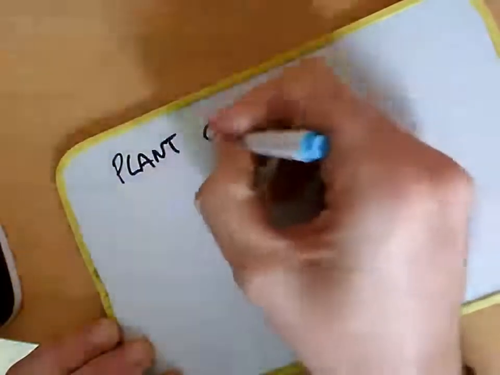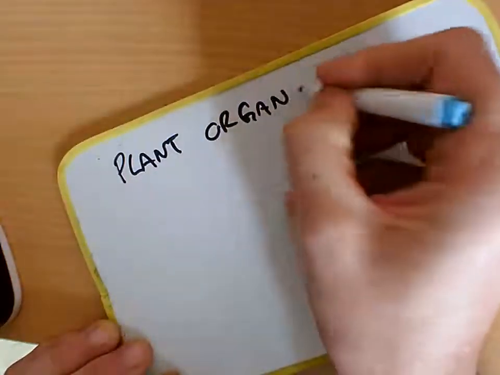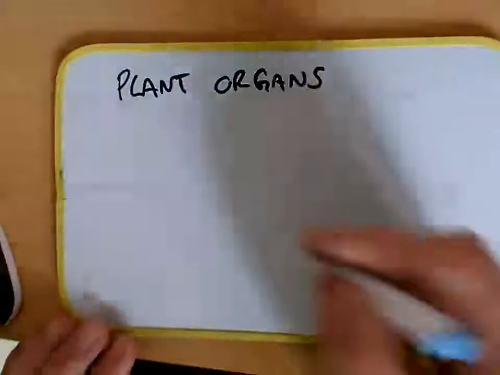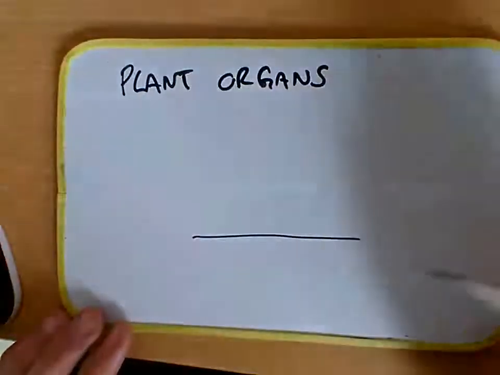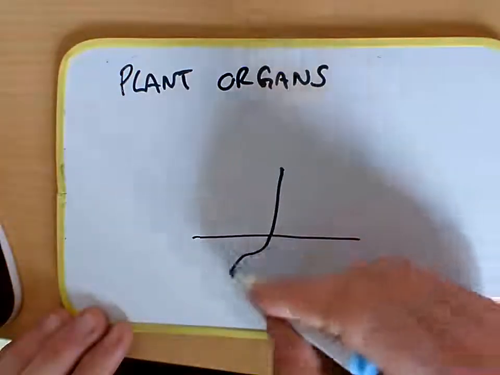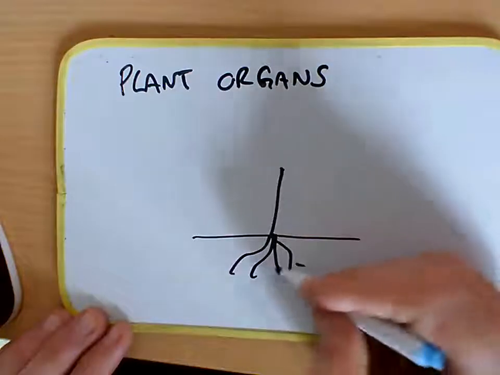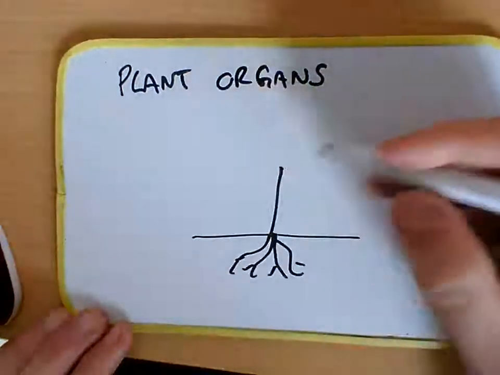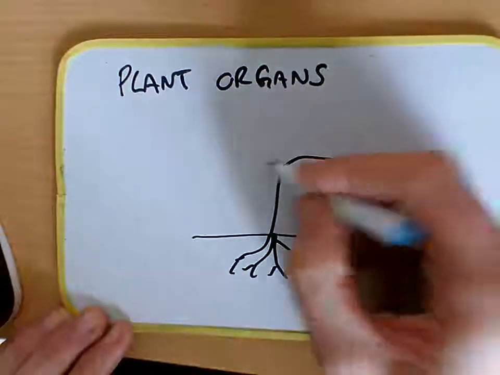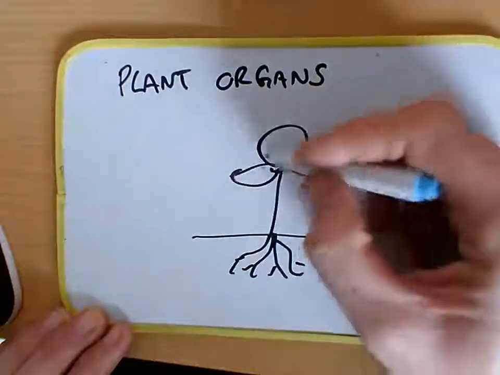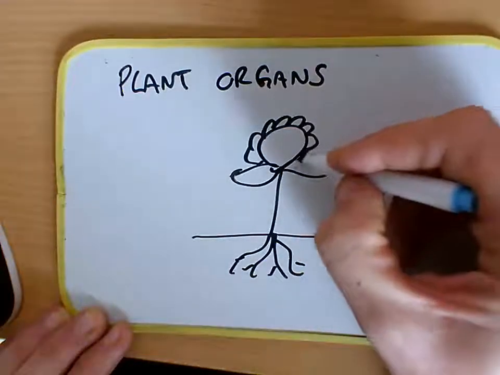So we've talked about the leaf, but plants typically have four main organs. We have one below ground, central, and then normally something towards the top.